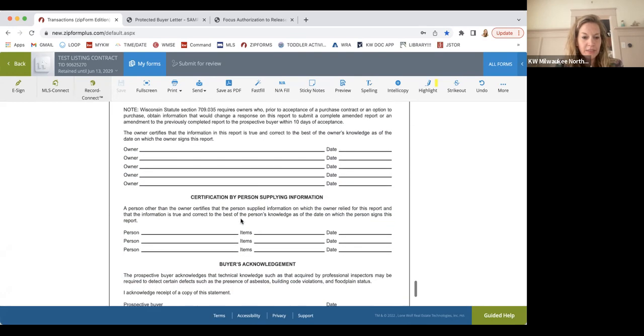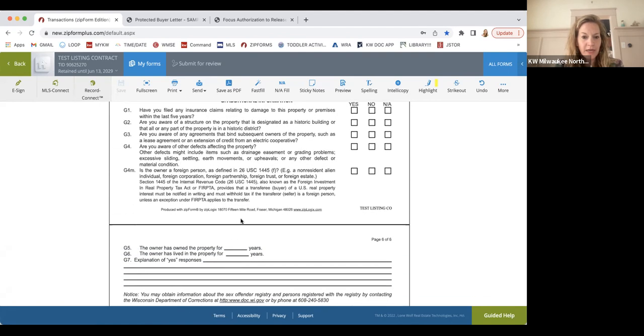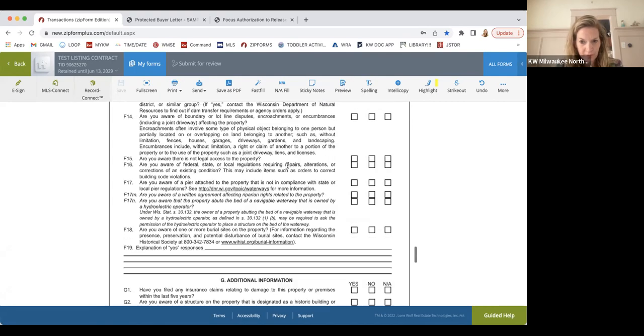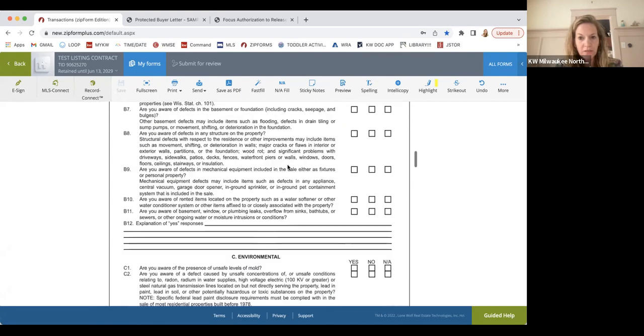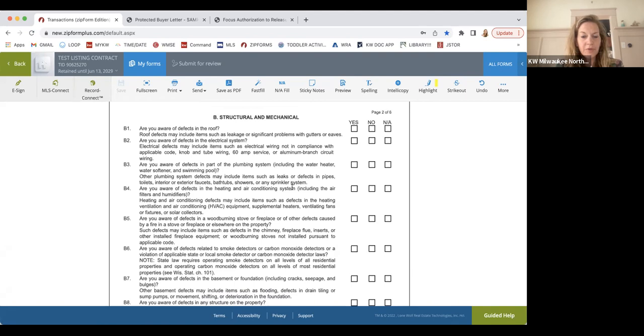Again, all owners need to fill this out. Another point to make is that in order for this to be considered a completed form, all questions have to be addressed somehow. So, we've had sellers who have missed saying yes or no or NA on a few of the questions.